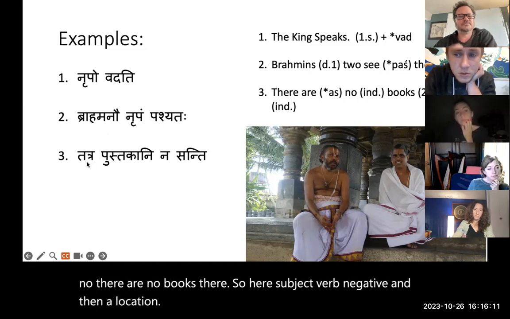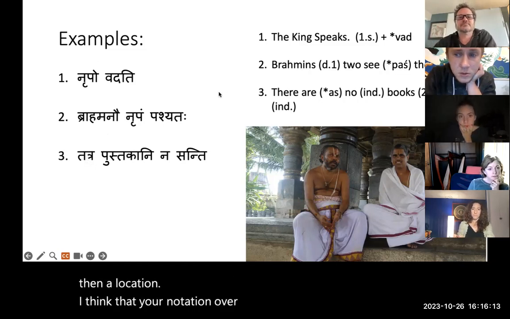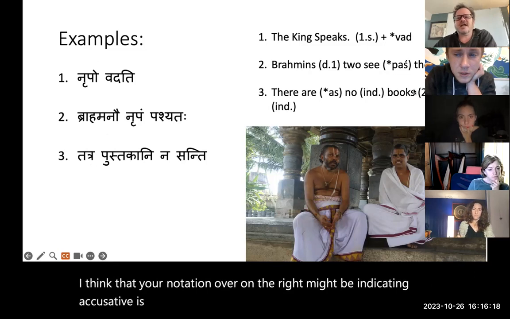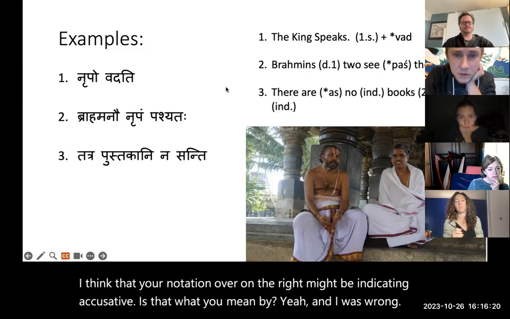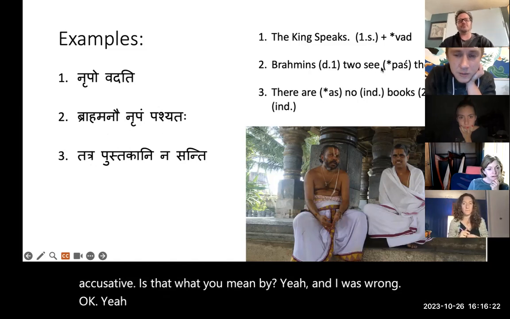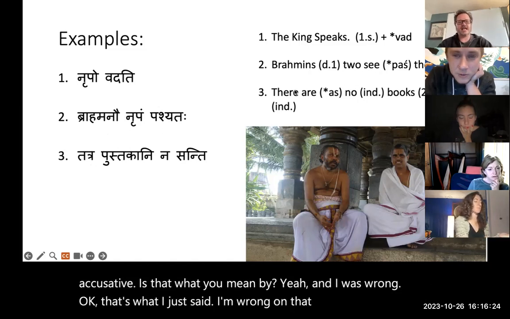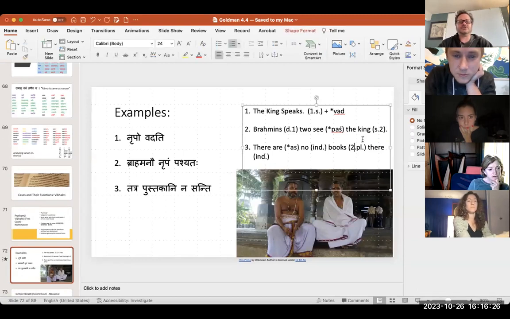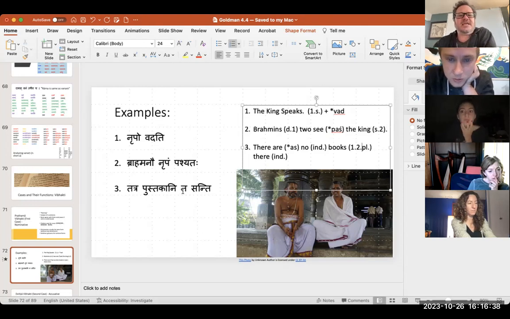So I think that your notation over on the right might be indicating accusative. Is that what you mean by two plural? I was wrong. Okay. Yeah, that's what I just said. Let's get it right. But what I would have actually done when I'm translating is like a 1.2, so that lets me know that it could be either nominative or accusative in my notation.